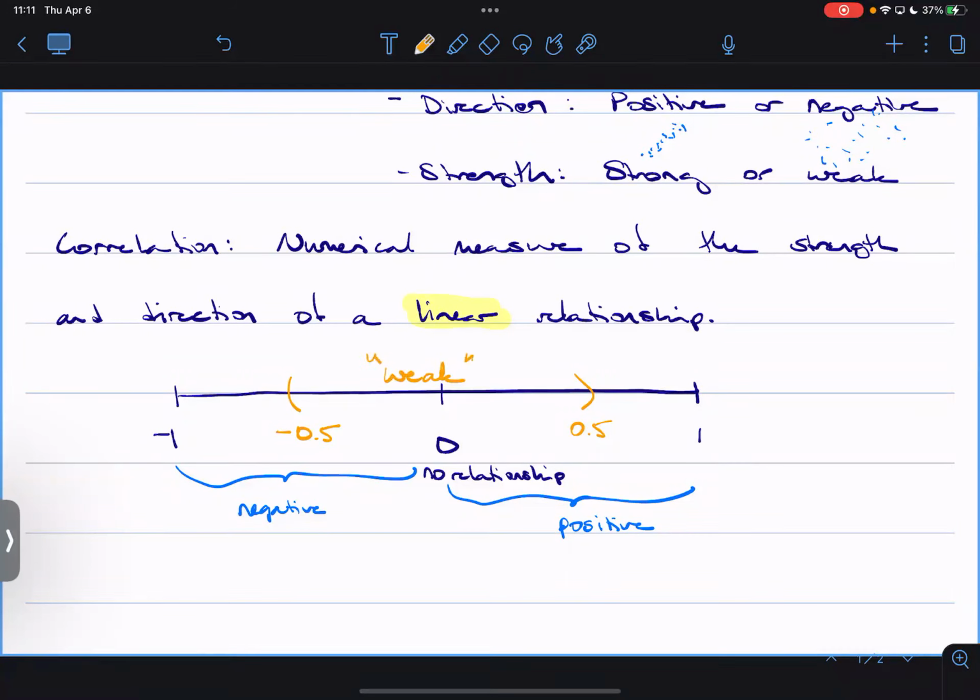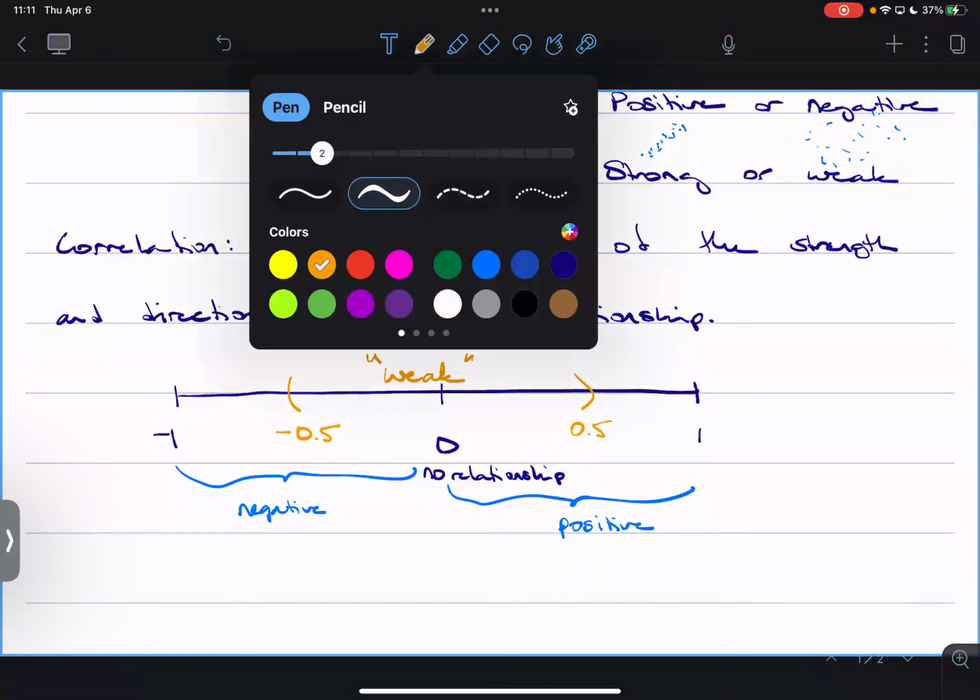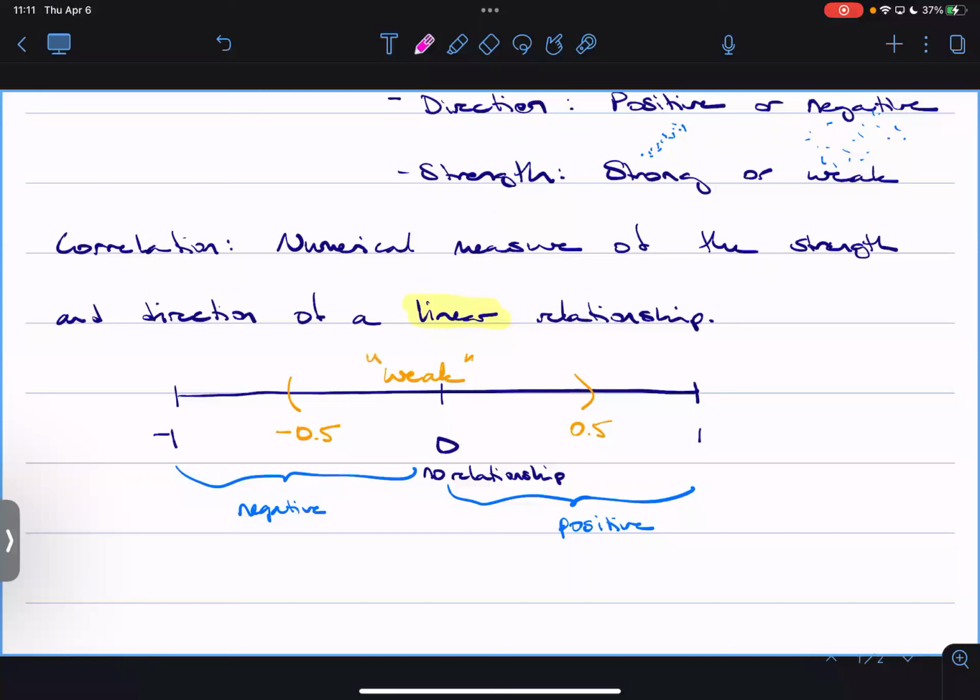There's some artistic freedom there that you'll have. If you tell me that it's a strong relationship, then fine, I'll accept that. Not if it's less than 0.5 though. And then here we have a strong positive relationship. And here we have a strong negative relationship.